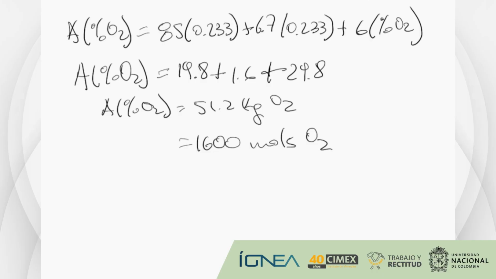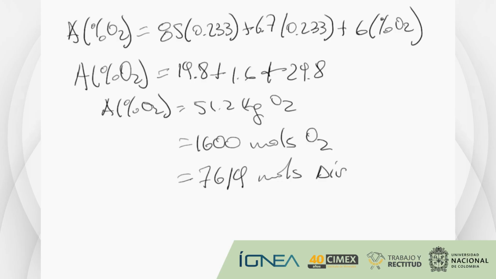Okay, this is the total. This is the stoichiometrical oxygen that we react in the reaction, and we know that this is the 21% of the total. It means that we have 7,619 moles of air.